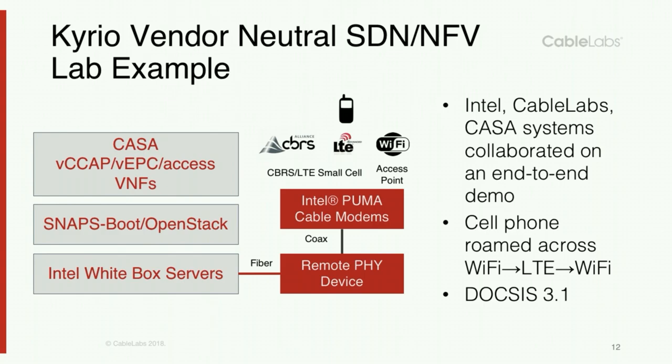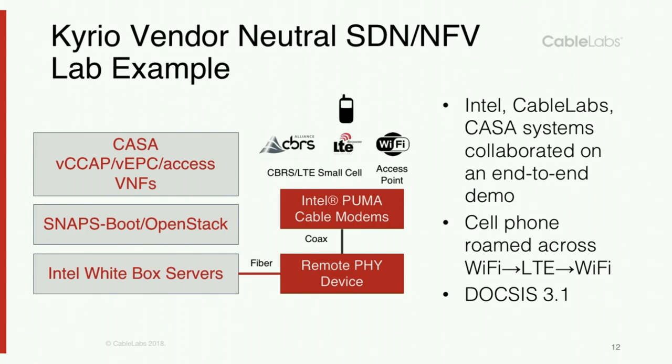Let's look at a concrete example. This is an example of a vendor-neutral SDN NFV lab integration example. It was done as a demo. On the right-hand side, you see a mobile device that is connecting to a cable modem through a variety of access technologies, CBRS or small cell LTE, and Wi-Fi.